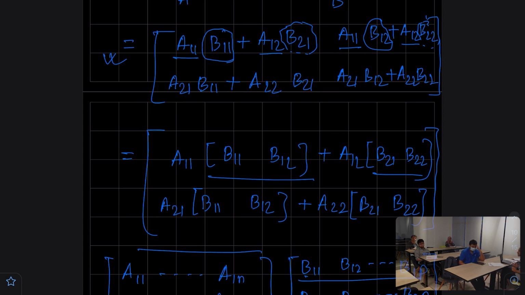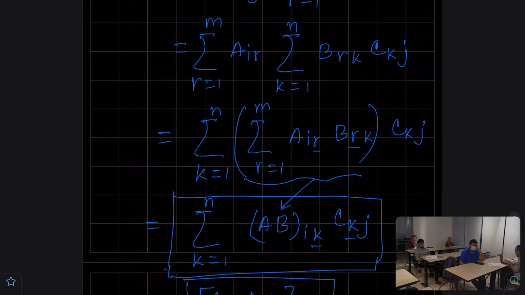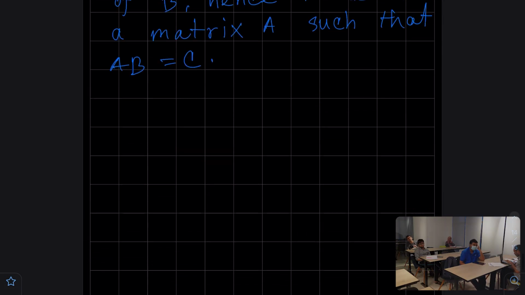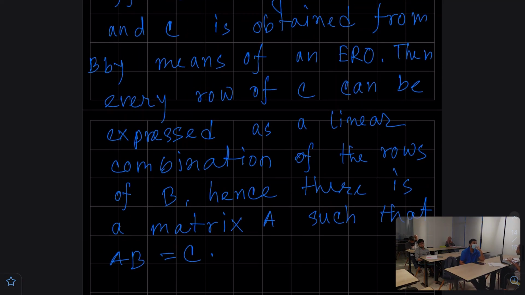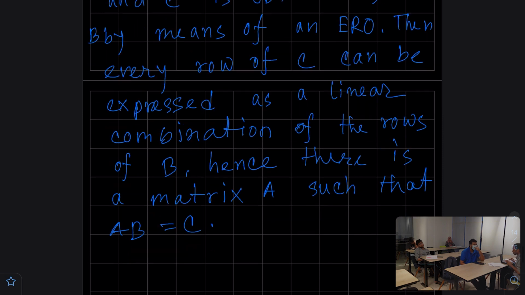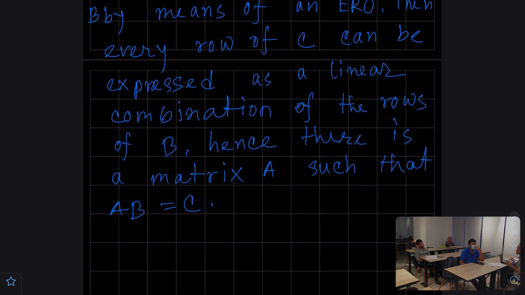So if B is a matrix and C is obtained from B by an elementary row operation, then the rows of C can be interpreted as linear combinations of the rows of B. This is a very important concept, because we are going to define the elementary matrices.